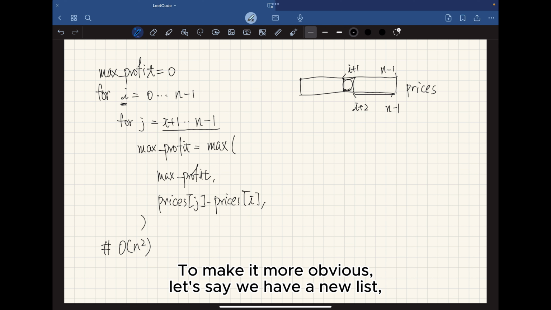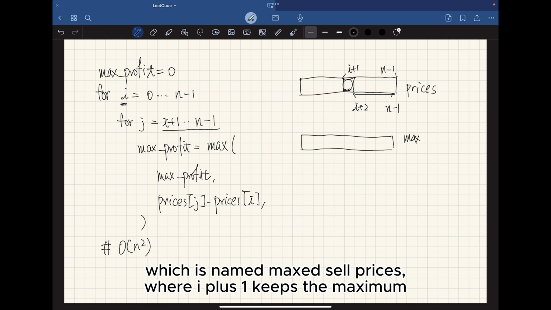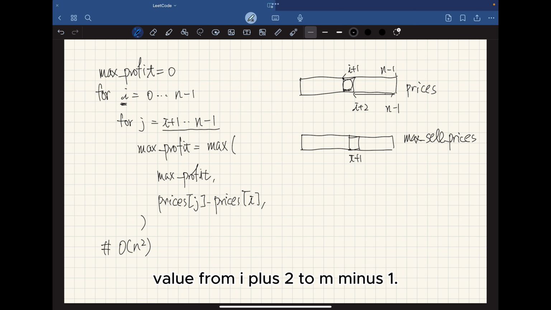To make it more obvious, let's say we have a new list which is named max sell prices, where i plus 1 keeps the maximum value from i plus 2 to n minus 1. So this guy goes to here. Now I want to update the i's value. What will we do?